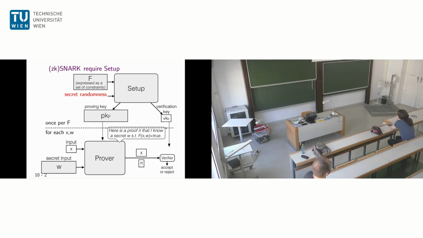Yeah. But there needs to be some setup, and the problem with these setups is that they usually are tied to a specific circuit that expresses the relation you want to argue about later.